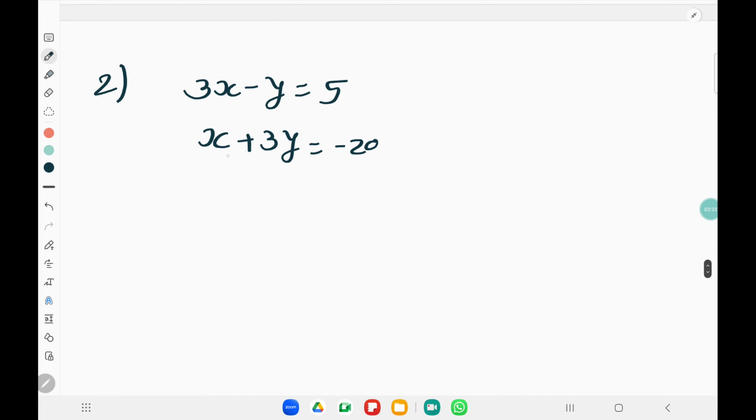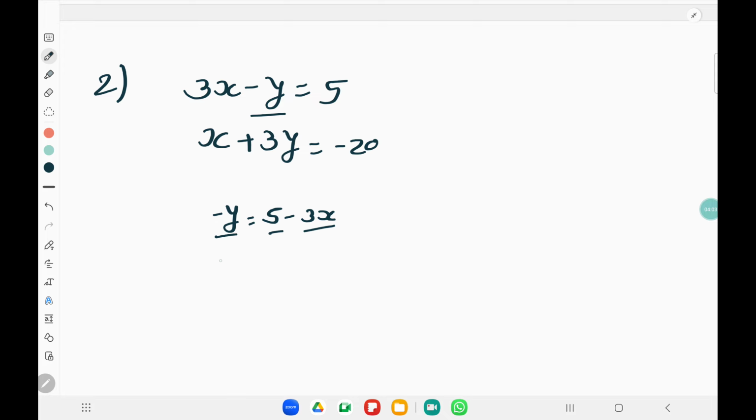So for this example, okay, let's make y the subject. So minus y equals 5, take away 3x. Okay, now the subject cannot be minus. Remember the simple fact that the subject cannot be a negative number and also cannot be a denominator. Okay, those two facts you have to remember. So to get rid of this minus sign, we change the sign of every term.